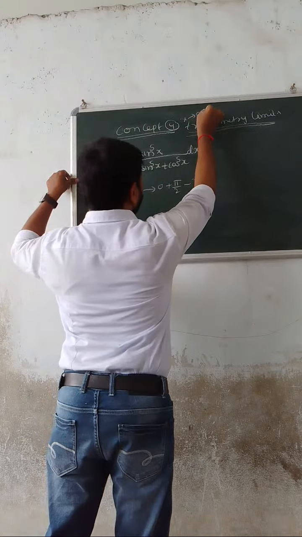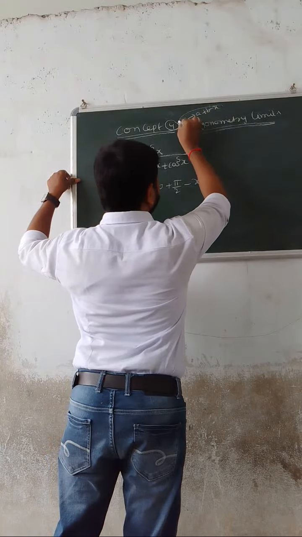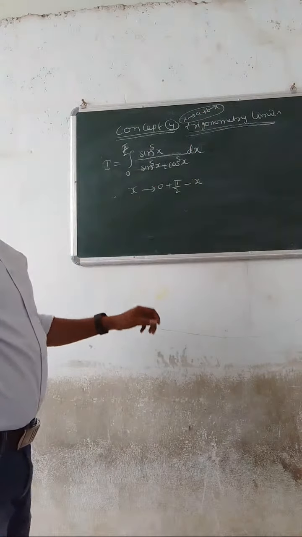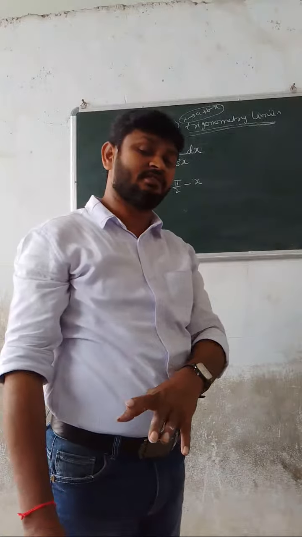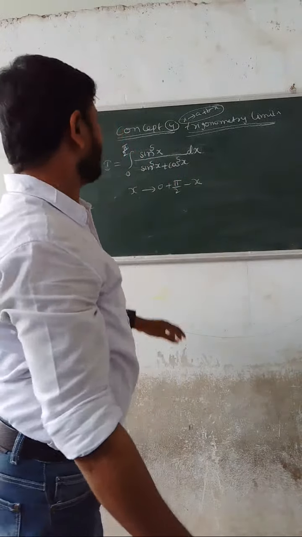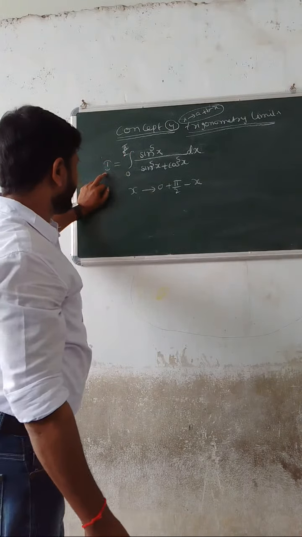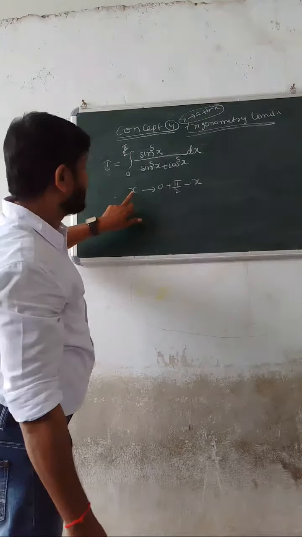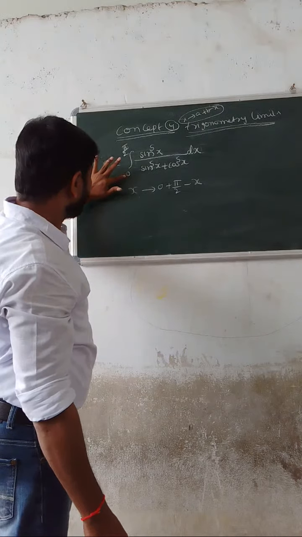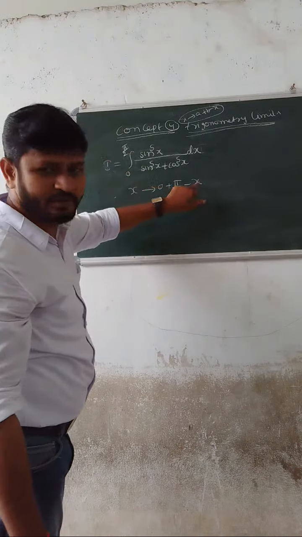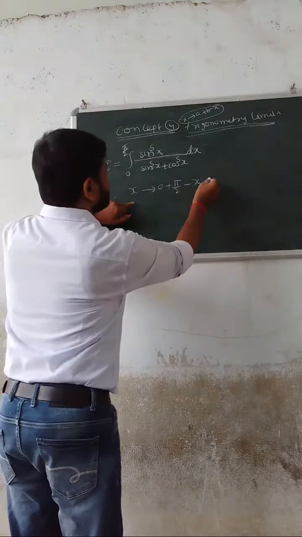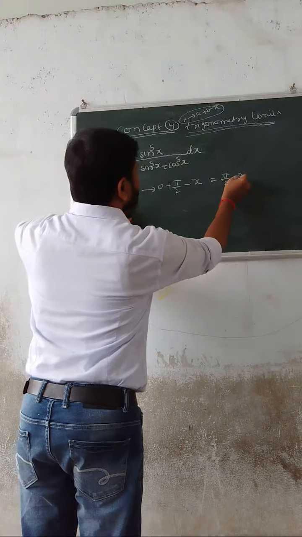For trigonometry limits only, you should use that. Just write it as I, and x becomes a plus b minus x, that is 0 plus pi by 2 minus x, that is pi by 2 minus x.